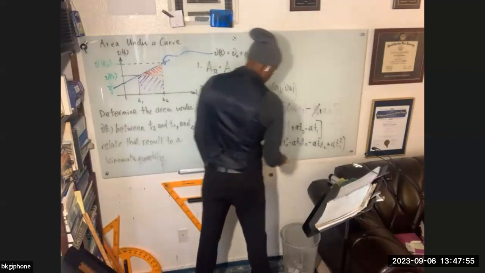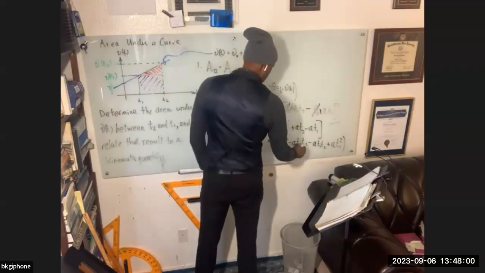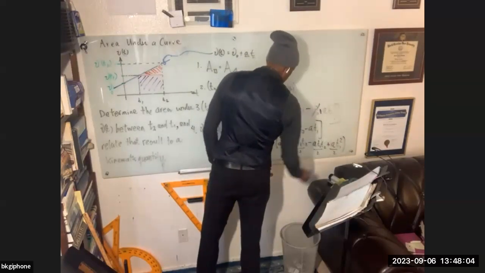And all of that's times a half. So if I bring the half through, it's going to be half there, half there, half there, and half there.